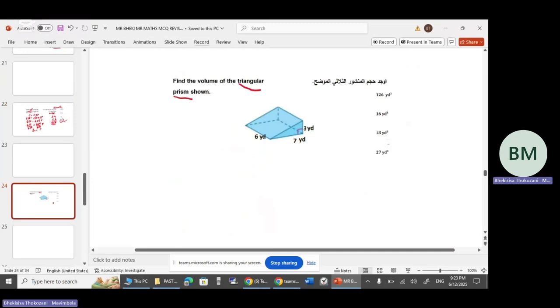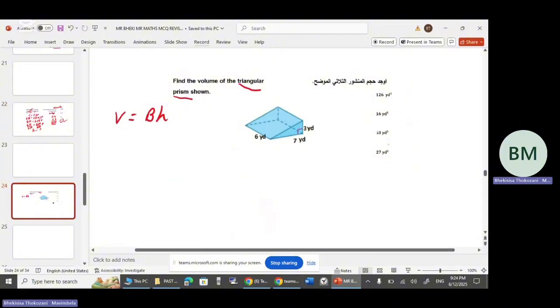So if I'm finding the volume of any prism, I'm going to use V equal to base times height. Then I'm going to look at what is the shape of that prism that I'm trying to solve.